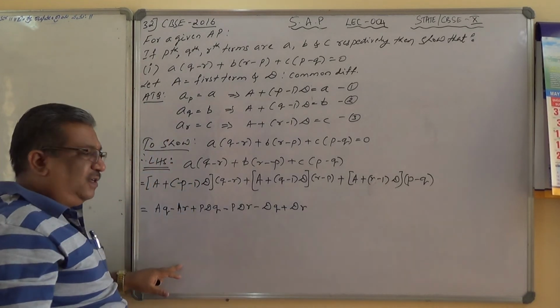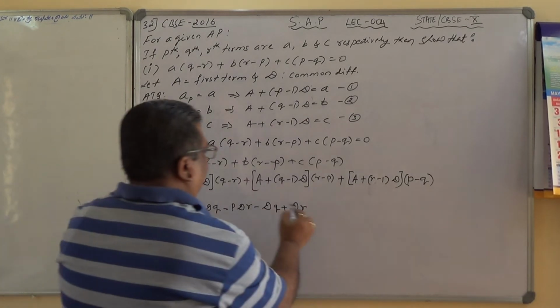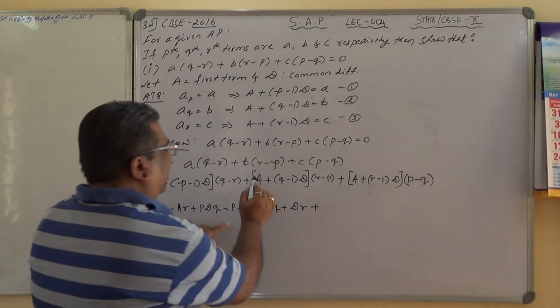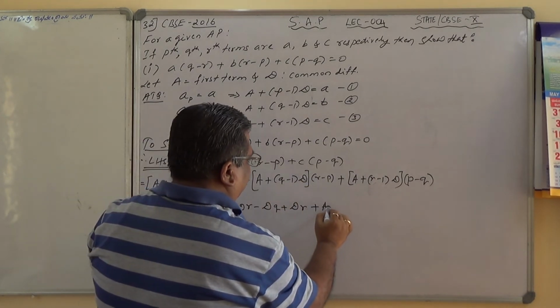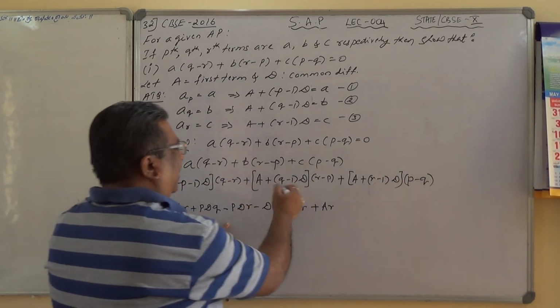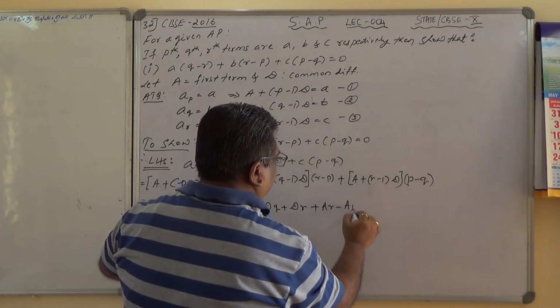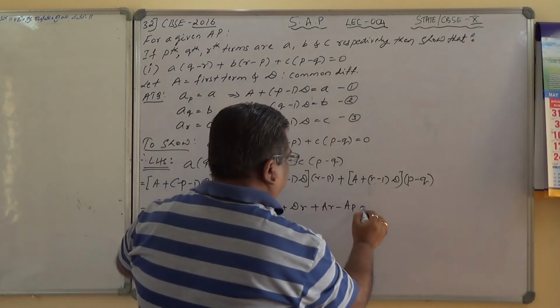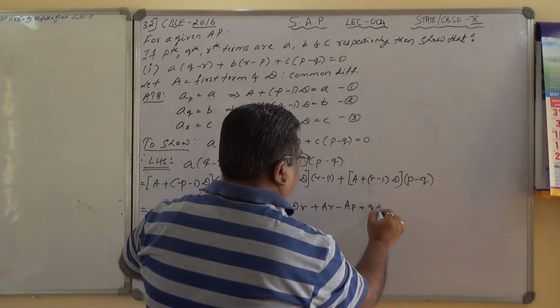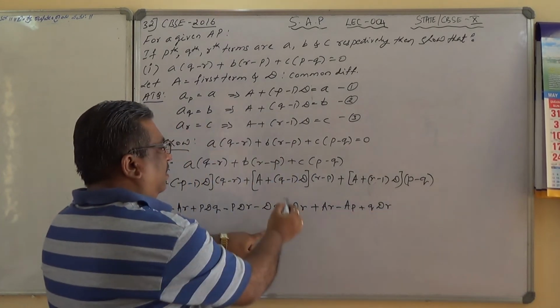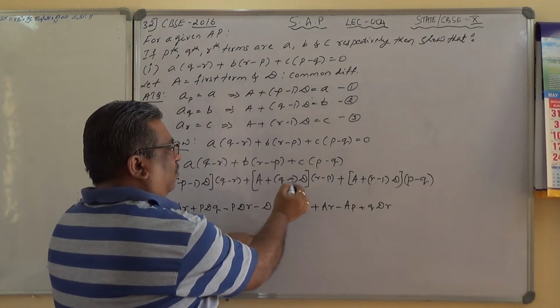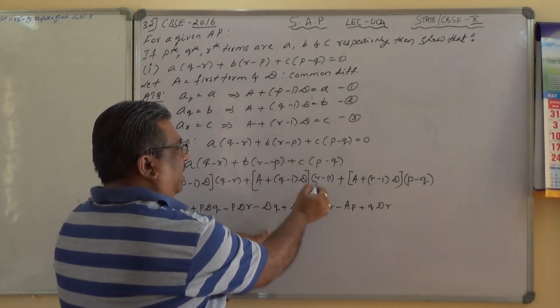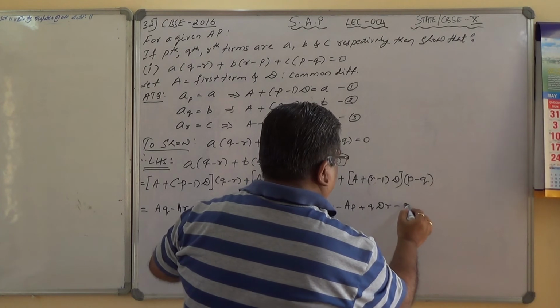I hope you are able to understand what I am doing now. Now plus A into r, minus A into p, plus qDr. Next qDp, that is minus.